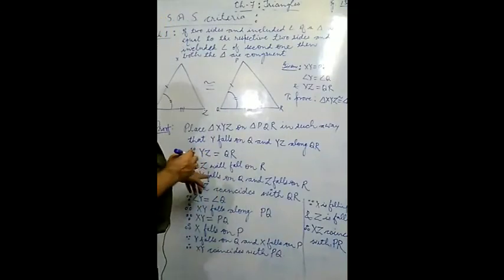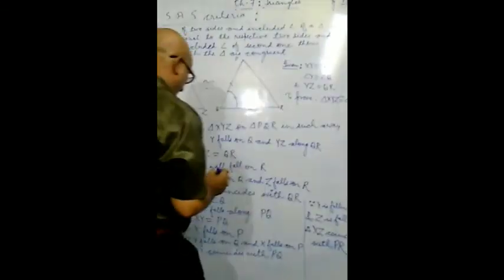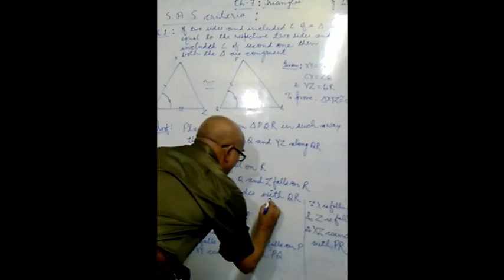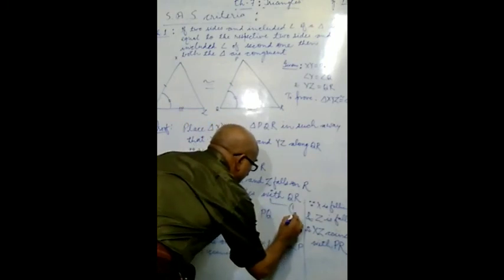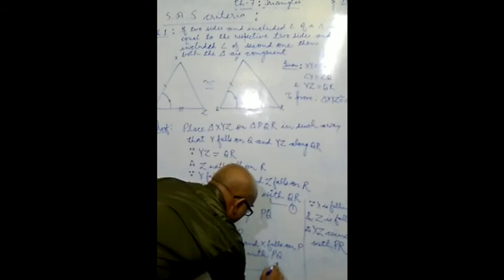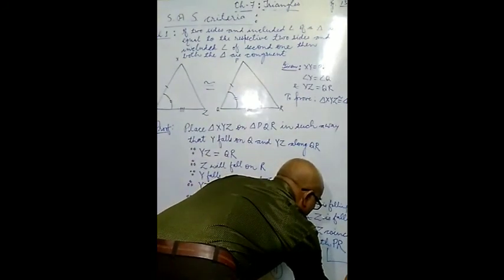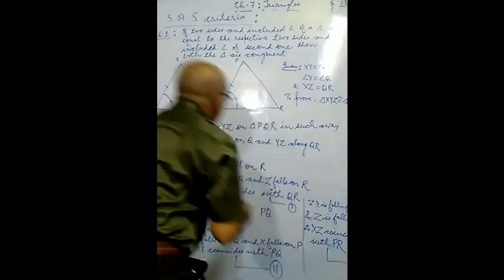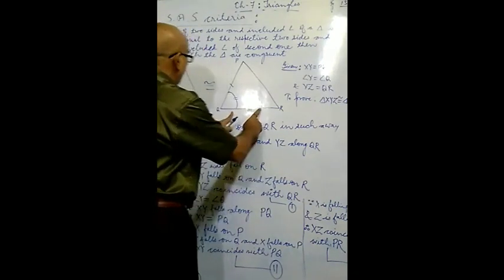Now see, this one is equation number 1. This one is equation number 2. And this one is equation number 3. What is equation number 3? First, second, third. This side is coinciding with this one, equation number 1.